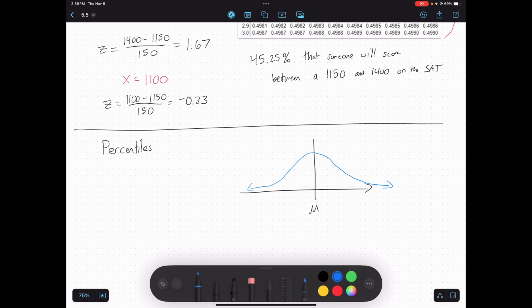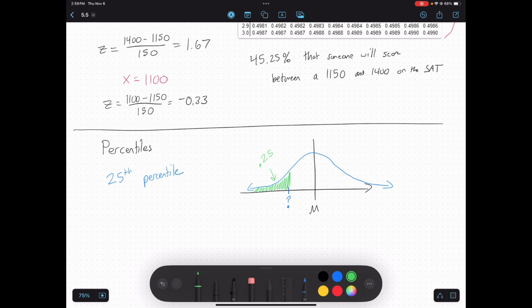So for example, if I wanted to find the 25th percentile, I'd be looking for what data value or what z-score will result in me having 25% of the area, or an area of 0.25, below that value. That's what a percentile represents.